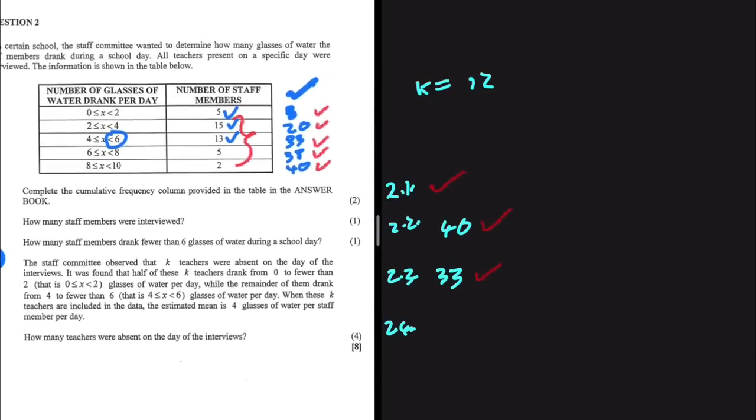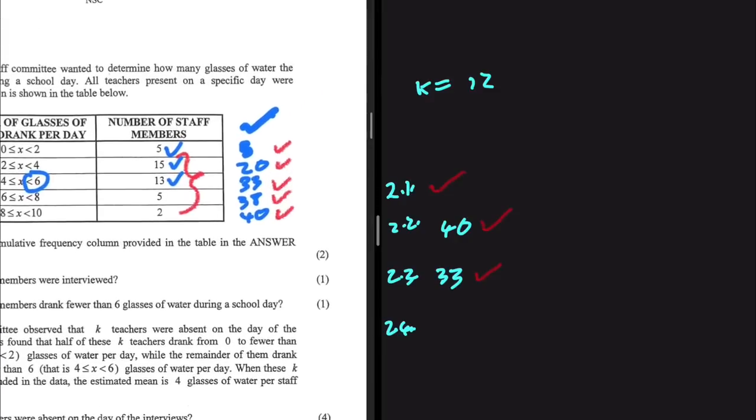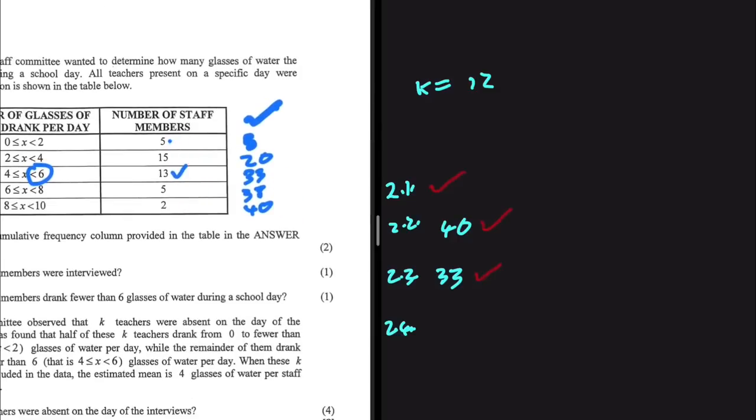Okay, so the staff committee observed that k teachers were absent on the day of the interviews. It was found that half of these k teachers drank from 0 to fewer than 2. So let's make sense of that information from the get-go. Let's look at the column with the number of staff members.